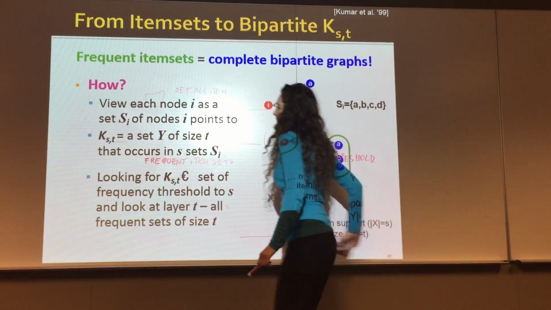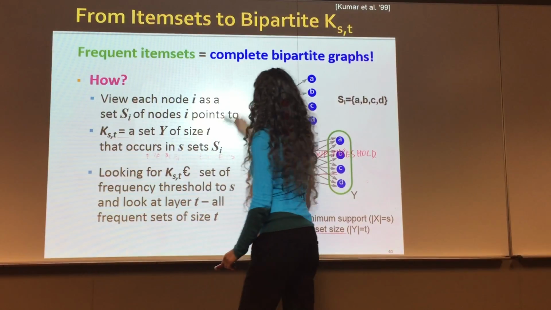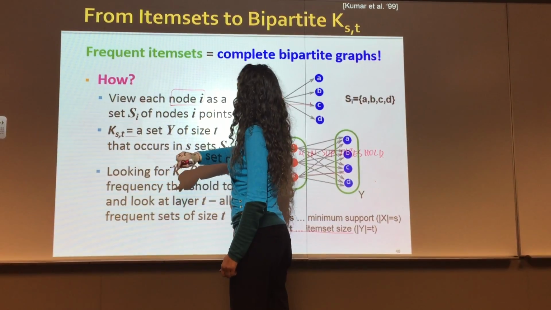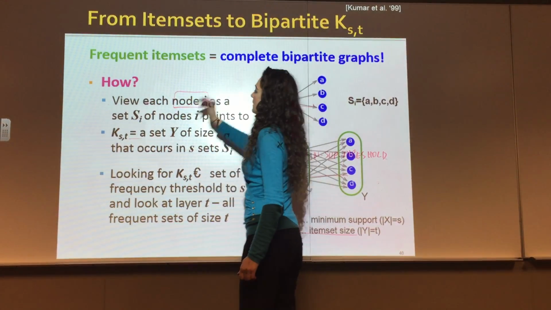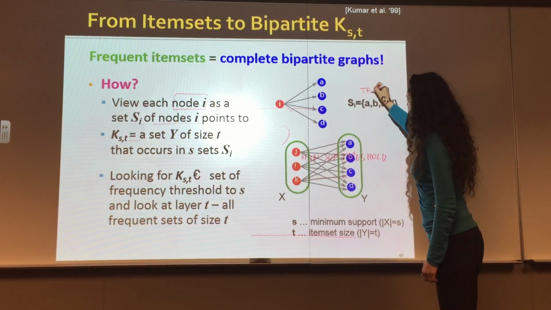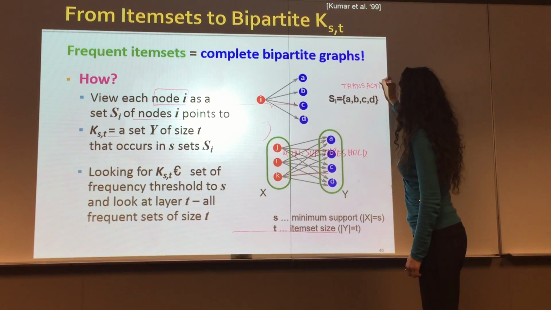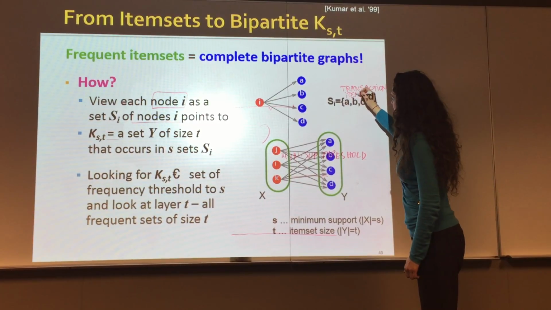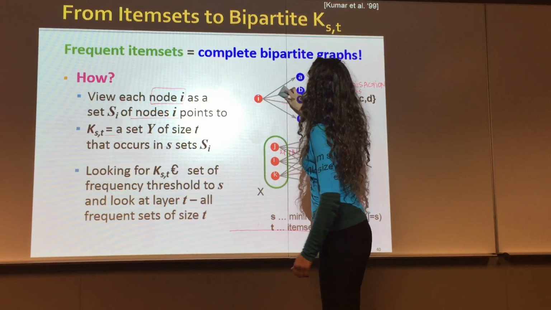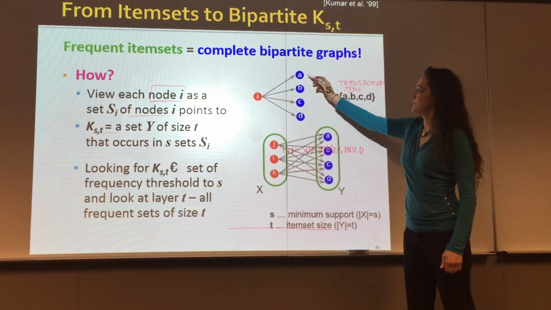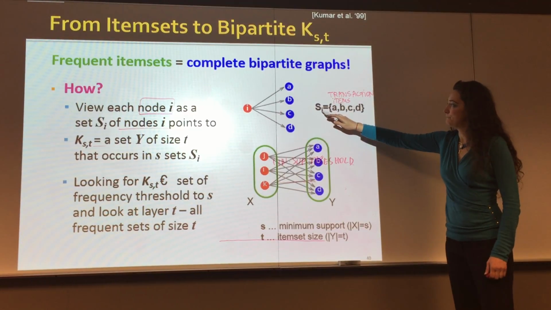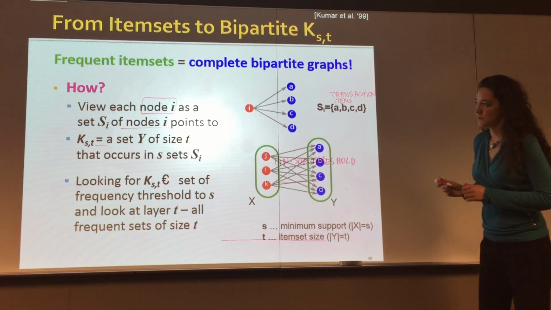Basically, the node has some other nodes that it points to, and these will be our transactions that we have seen before. So these are the items inside of the set for the node I. So the node I, the set for that is ABCD because it points to those ABCD nodes.